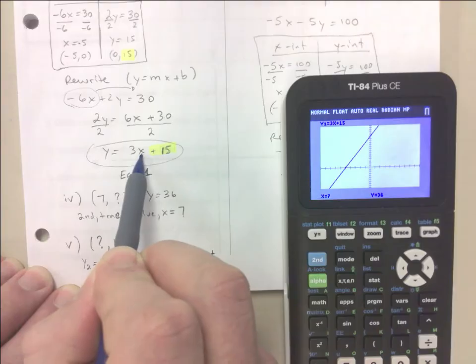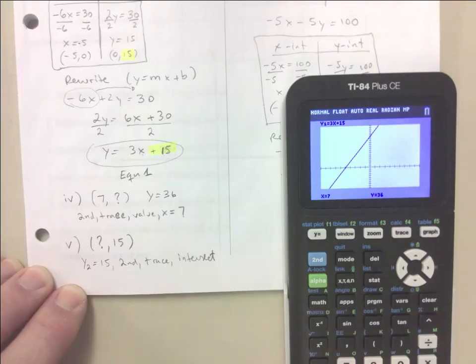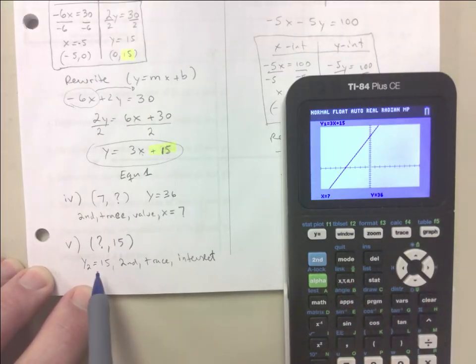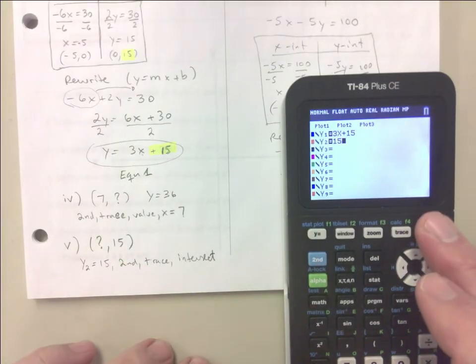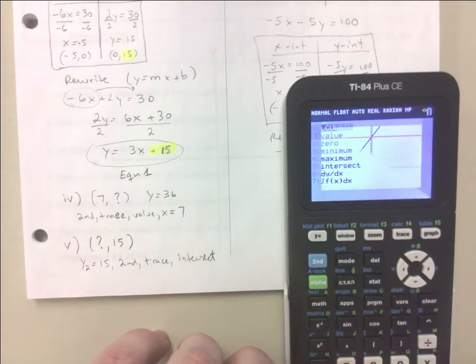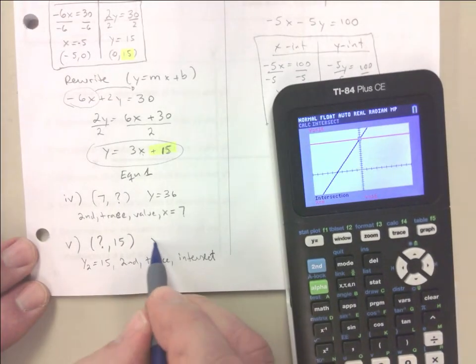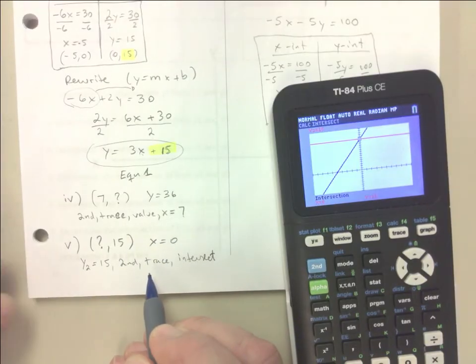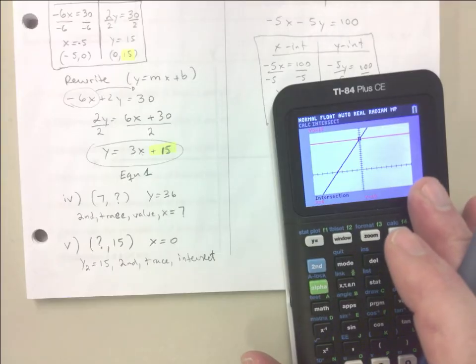You want to insert 7 into that and do the arithmetic, or use your calculator. Completely up to you. For this one, we let y2 equal to 15. We hit graph, second trace 5, enter, enter, enter. And the intersection is 0, 15, so x is equal to 0 there, because it is our y-intercept, right?